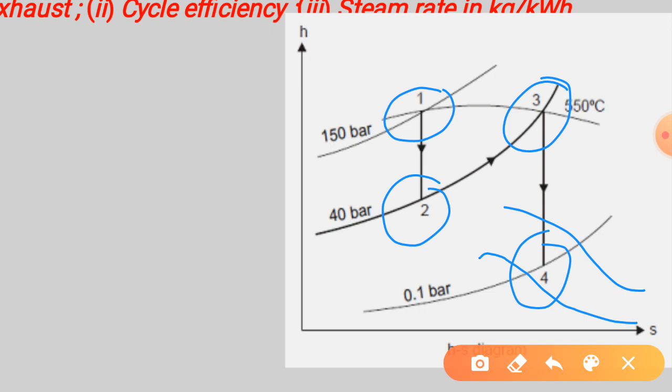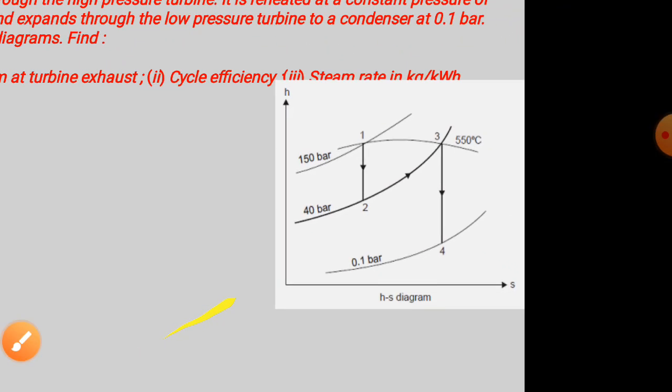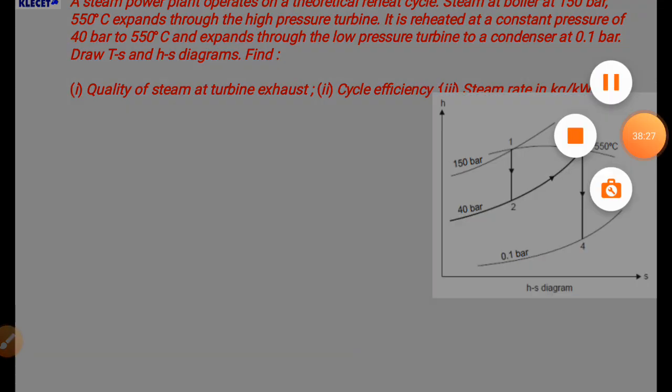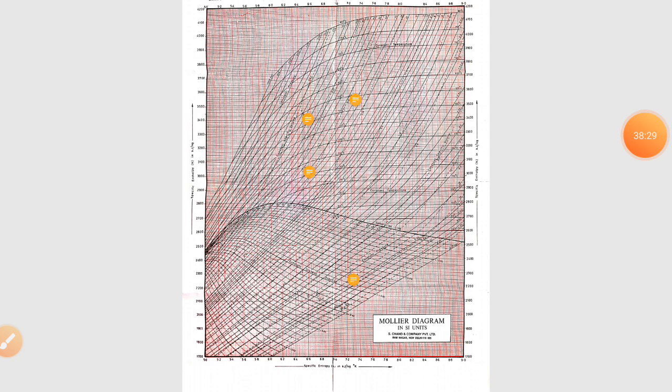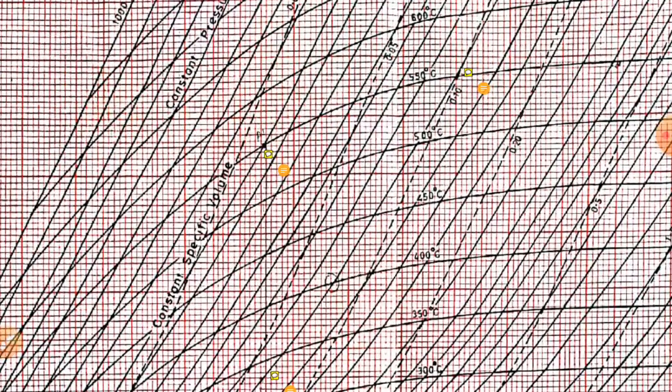We can get the dryness fraction at state 4, which is the dryness fraction at the turbine outlet. So dear students, after following this process and marking the points on the Mollier chart, this is the Mollier chart. Here let me go to the first stage.